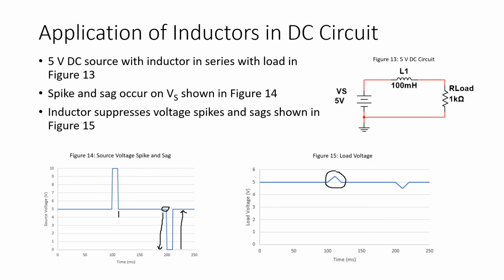We looked at the operation of these LR circuits with a pulse source and saw that applying a DC pulse waveform to an LR circuit results in an exponential increase and decrease in current. And finally, we looked at the application of inductors in DC circuits to smooth out voltage spikes and voltage sags.